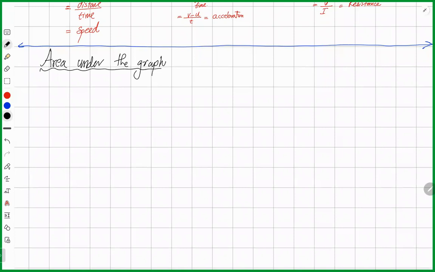Now, no matter what is the shape of the graph, whether it is a straight line or an inclined line or a curve, whenever we are finding area under the graph, just 1 second. If this is a graph, what is meant by this term area under the graph?